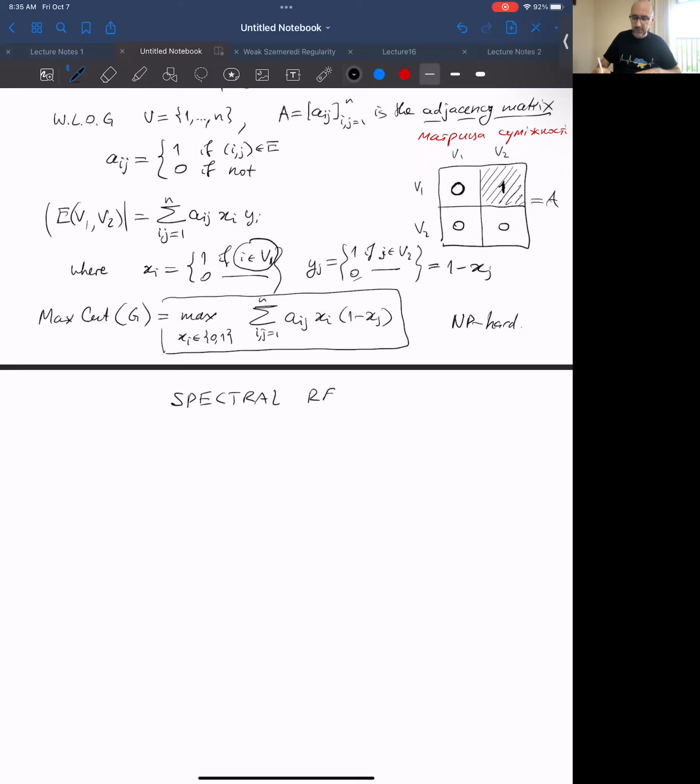So, spectral relaxations. All right, so for the sake of concreteness, let's say we want to maximize this: the sum of a_ij x_i x_j, just the quadratic form.